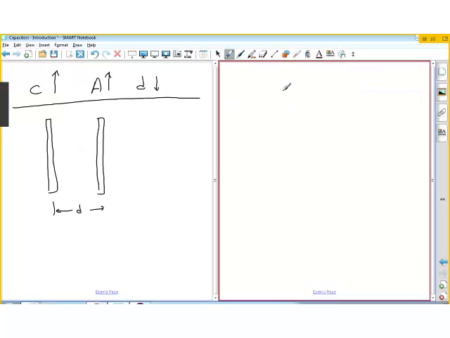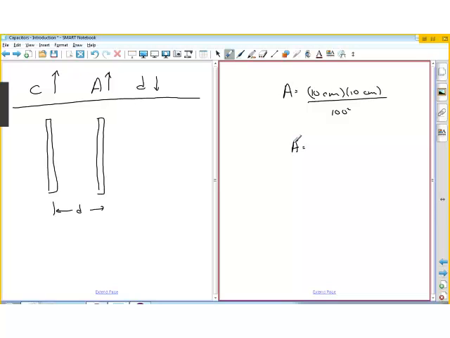So let's just put in some numbers. Let's say the area is 10 centimeters by 10 centimeters, which is fairly big. 10 centimeters times 10 centimeters. We're going to divide by 100 squared to get into meters squared, since it's 100 centimeters per meter.